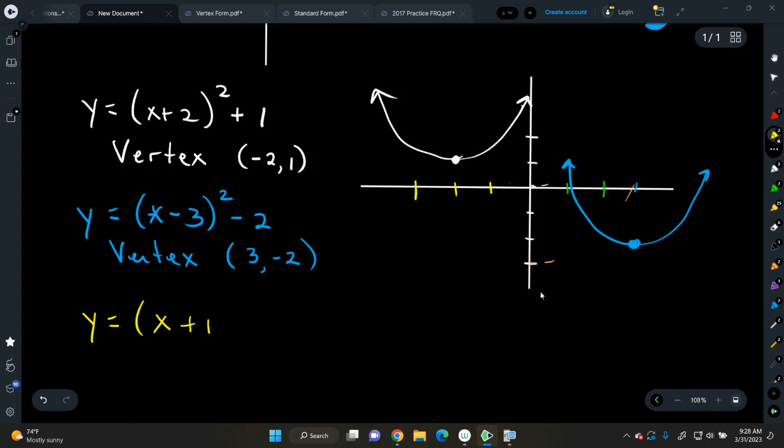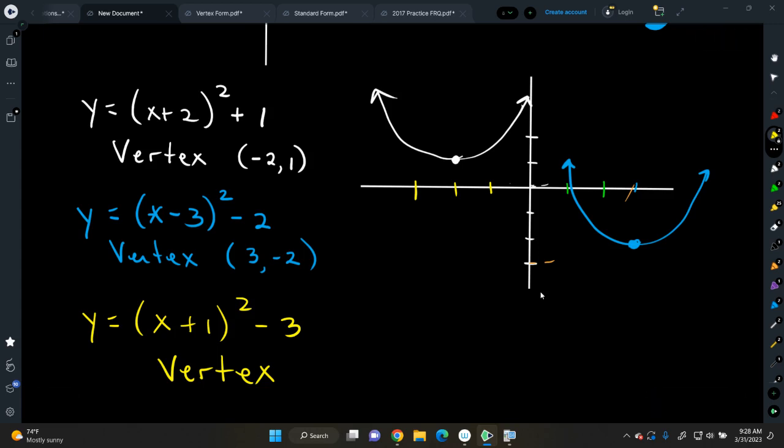This time, y equals, we're not going to graph it. We'll do (x plus 1) squared minus 3. What is the vertex? Look at the patterns here. Look at what we had. Here we have (x plus 2) plus 1, right? So the y coordinate of the point is this number, plus 1, and this is minus 2.